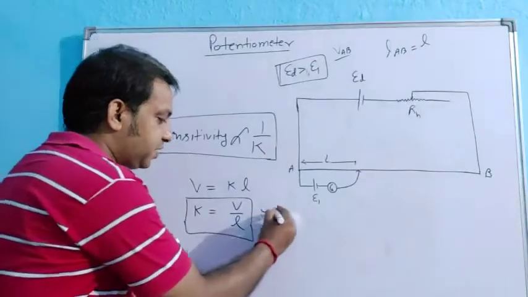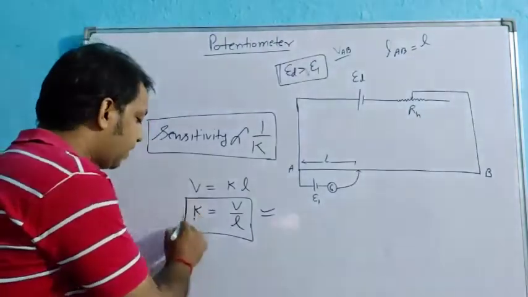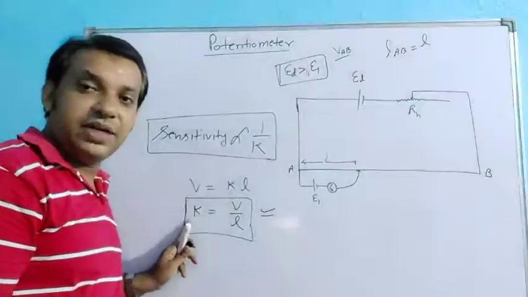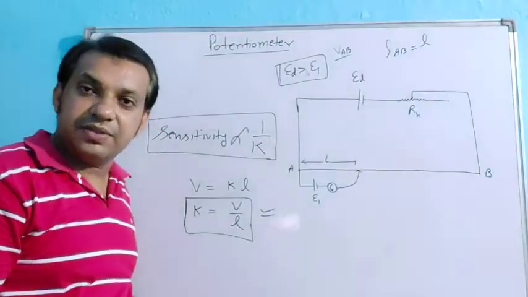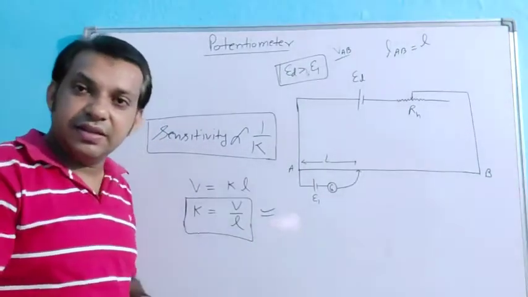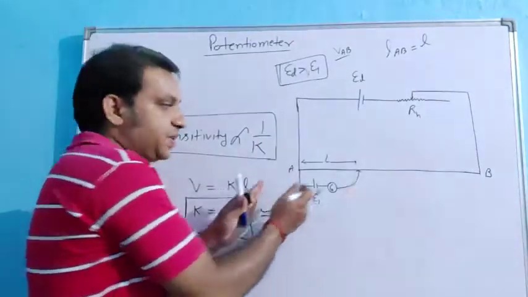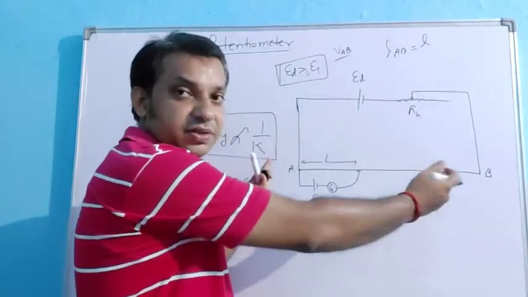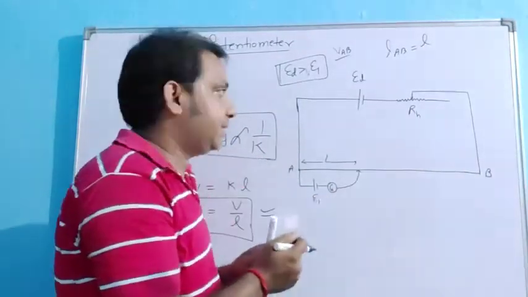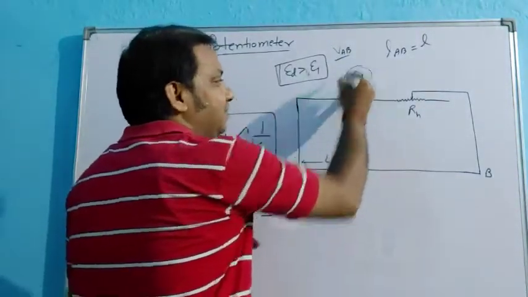From this expression, see how you can decrease the value of K. K will decrease if V decreases. एक तो तरीका है कि potential difference V को decrease कर दें, लेकिन there is a restriction on the V. This V is basically the VAB, the potential difference across this potentiometer wire, and it is directly generated by this ED.